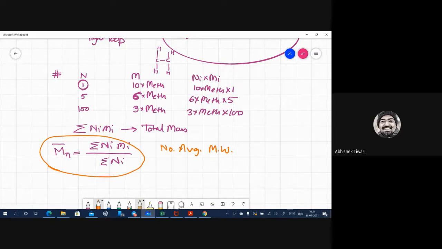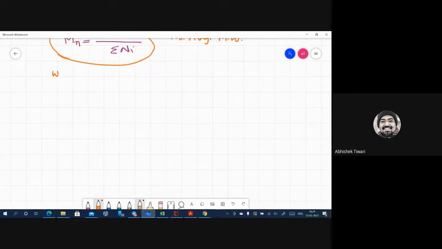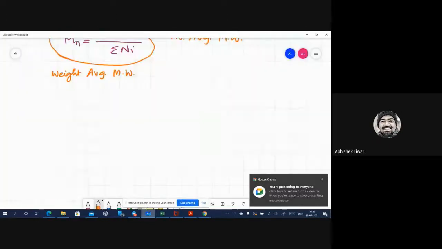Apart from that, I can find out the weight average molecular weight. Okay. So just a second, share the screen. Where is, yeah, here.